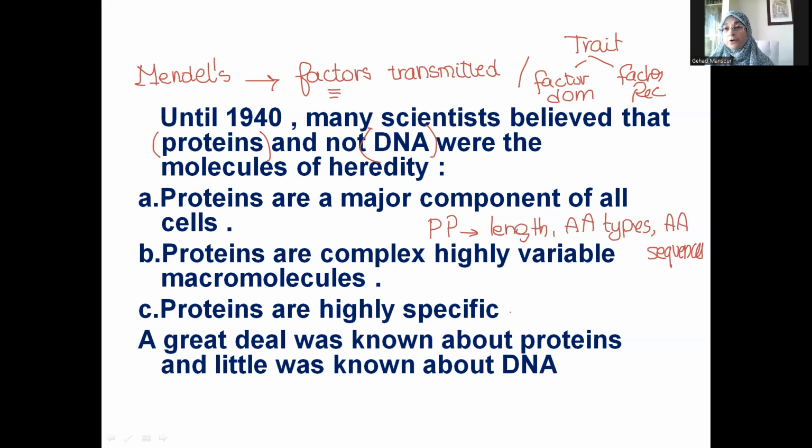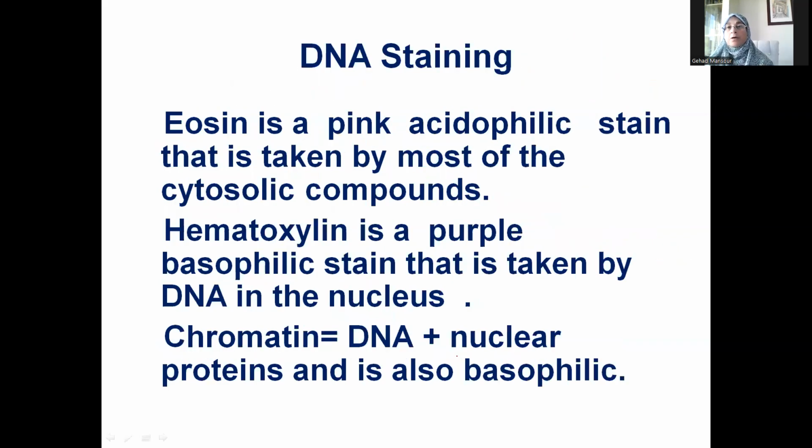They also thought that proteins are the molecule of inheritance because proteins were highly specific, meaning that, for example, every enzyme controls a specific chemical reaction. And they knew more about proteins than they did about DNA.